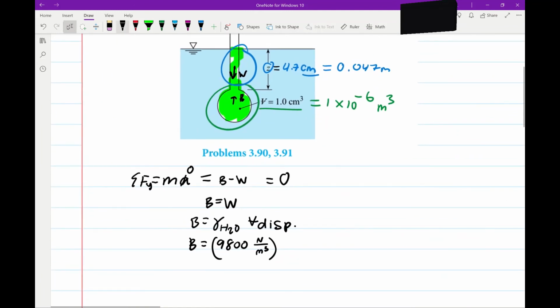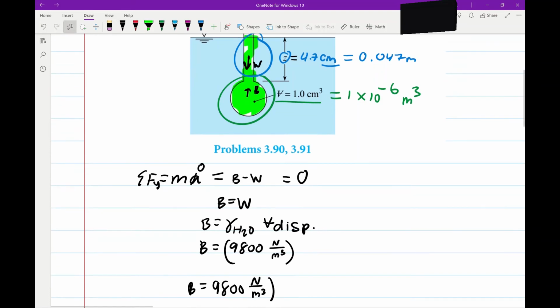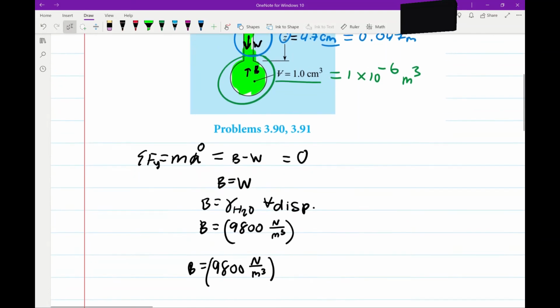Okay, so B equals 9,800 newtons over cubic meters times volume displaced. Let's first do the volume of the bulb.